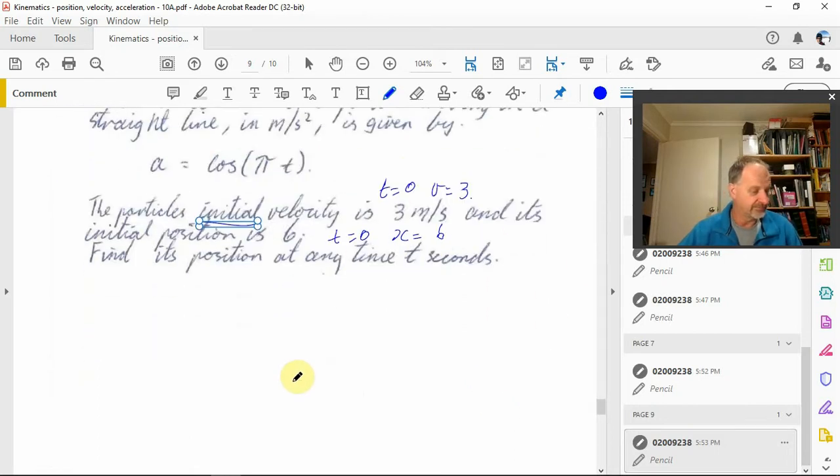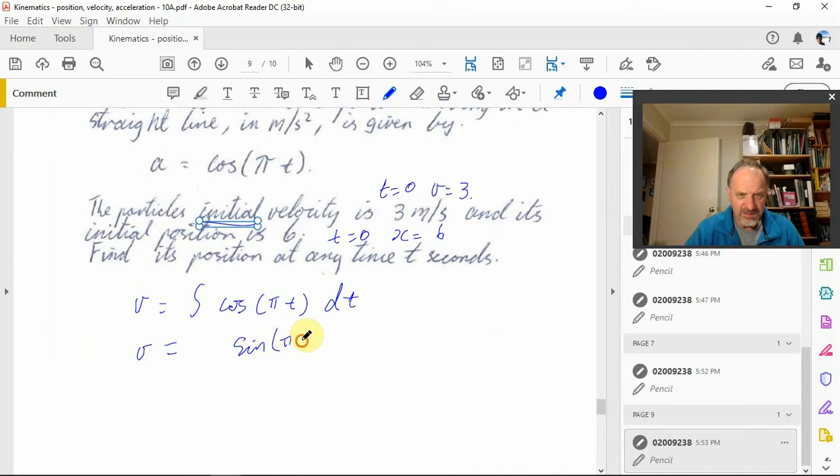All right, so let's have a look. So our velocity then would be the integral of cos pi t dt. And then when we did that anti-differentiation, cos will come from sine, and we've got a constant in there, so 1 on pi, plus c. Now to find c, we use this information.